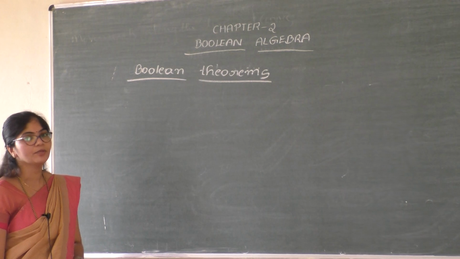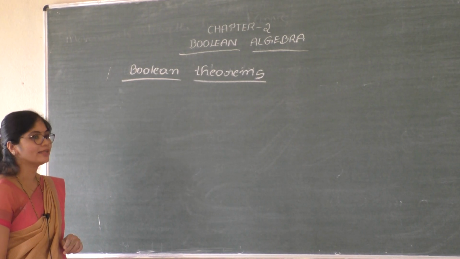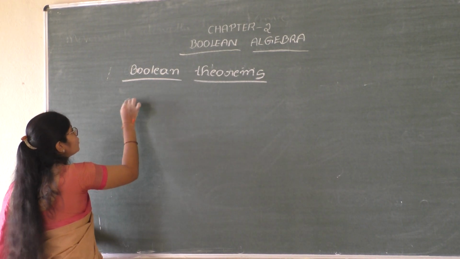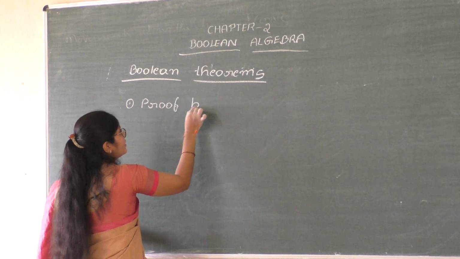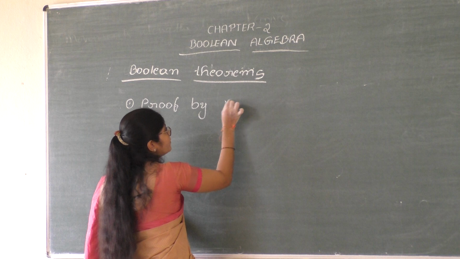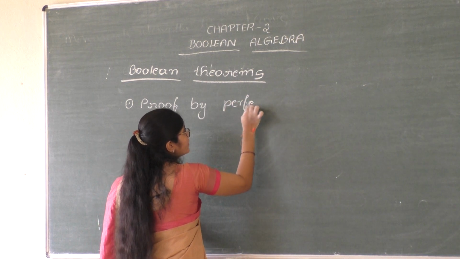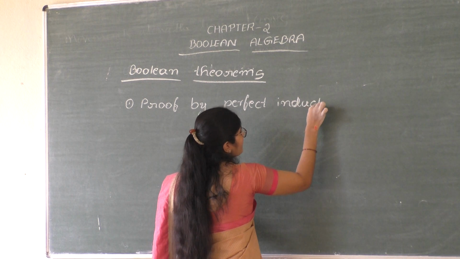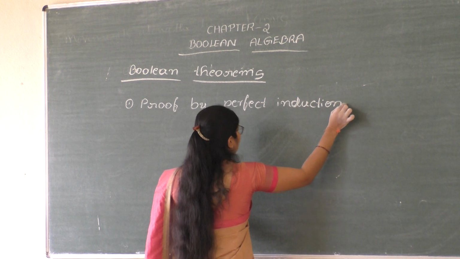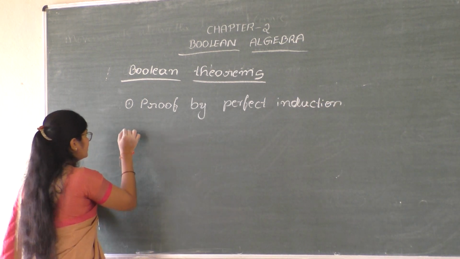Boolean theorems can be proved using two methods. The methods are proof by perfect induction method and truth table method.